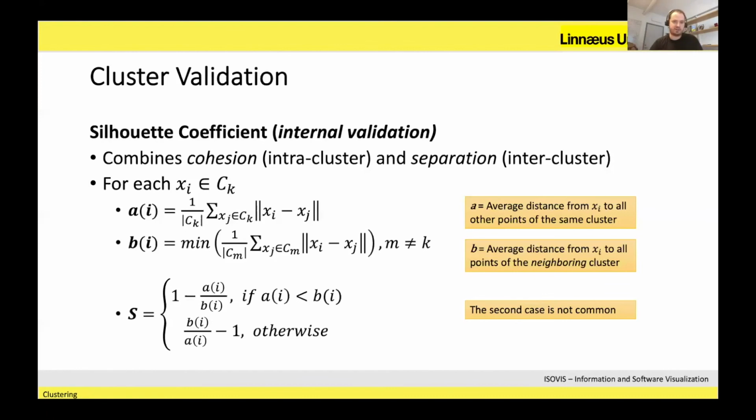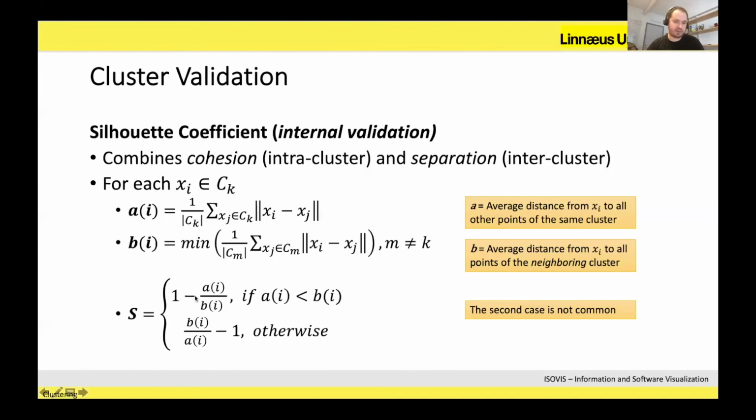Sometimes it isn't, and then you have to invert the computation, or else it becomes crazy. So it's the proportion between the internal and the external distances, right? So A over B. And then you do 1 minus.